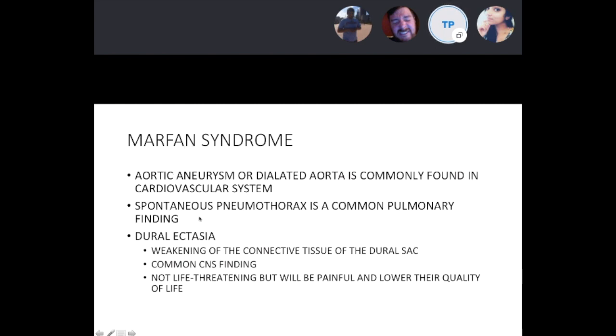They can also have spontaneous pneumothorax as a pulmonary finding. They do get something called dural ectasia, which is weakening of the connective tissue of the dural sac. It's the most common CNS finding in these patients. It's not life-threatening, but it will be painful and lower their overall quality of life.